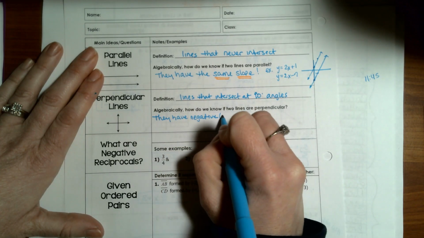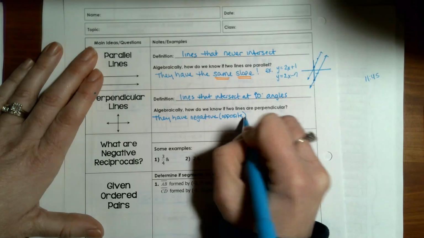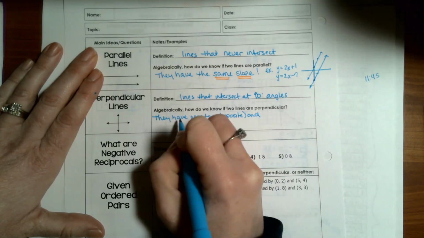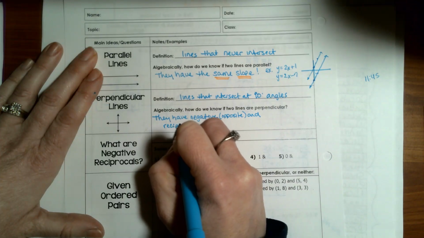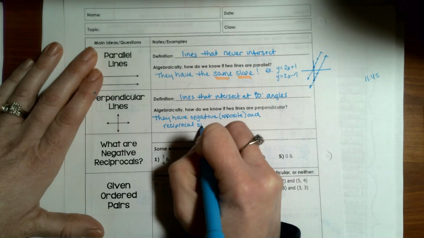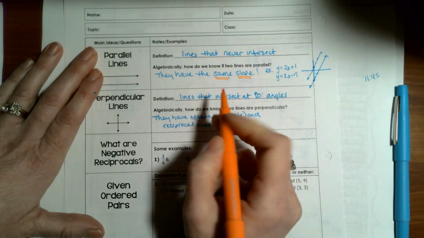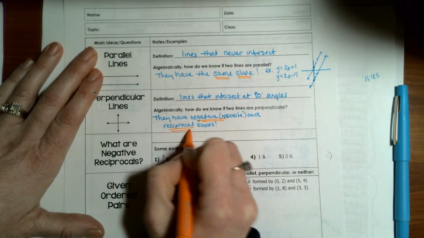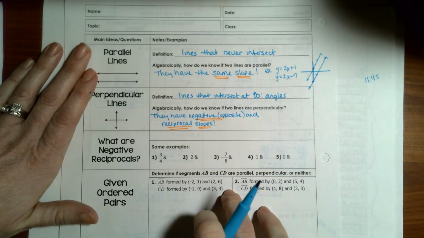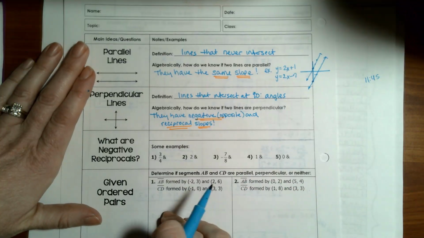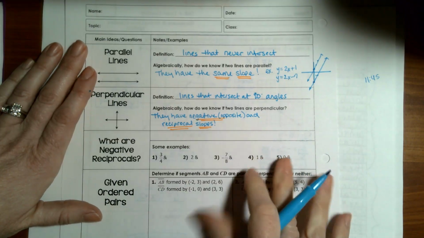Negative means opposite. So it's both of these things. Not just one or the other. They have to be a negative or positive. So if it was negative, it's going to be positive. If it was positive, it's going to be negative. That's why we said opposite. And it has to be reciprocal.